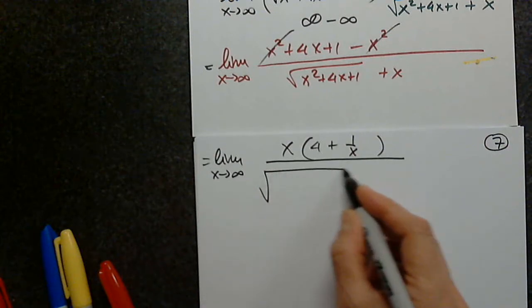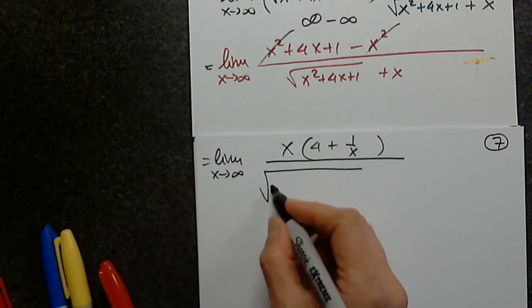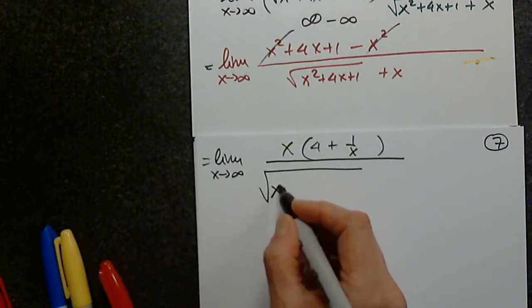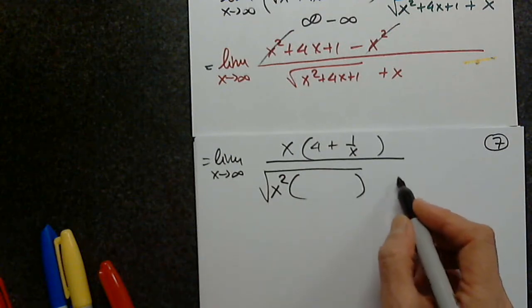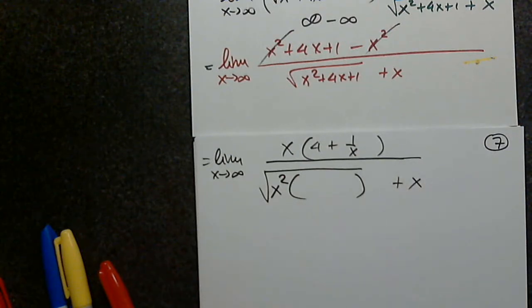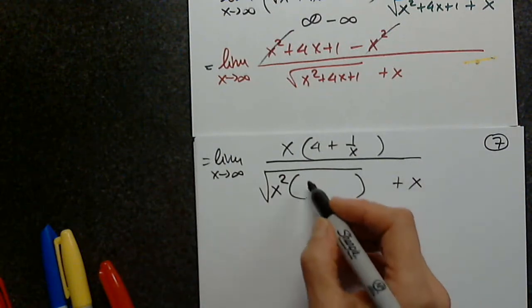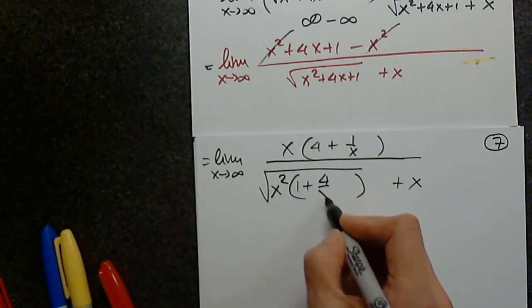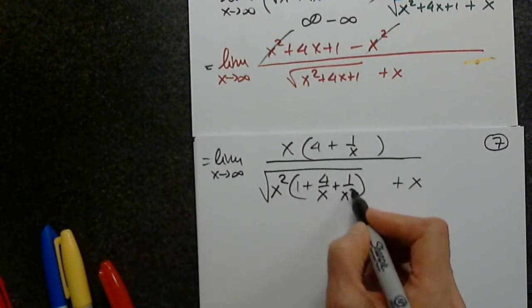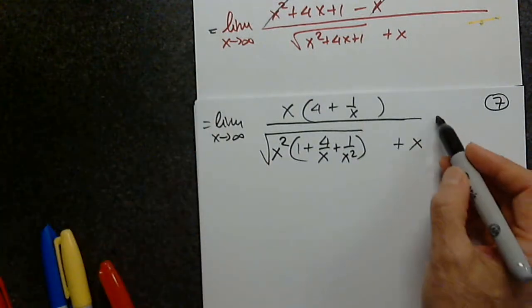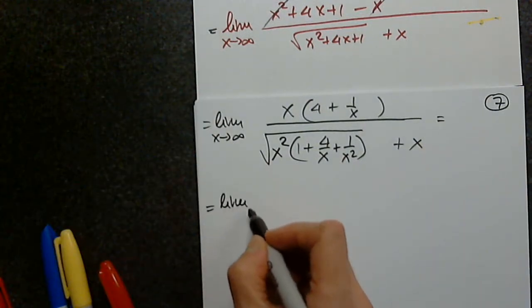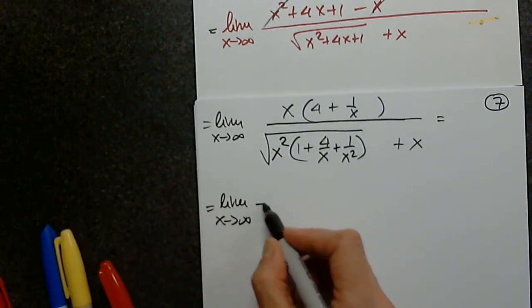I factor out, not yet, but I have to show. X squared is the degree inside. Good. What do I have left? So 1 plus 4 over x plus 1 over x squared. Awesome. Thank you. And now, limit as x approaches infinity.